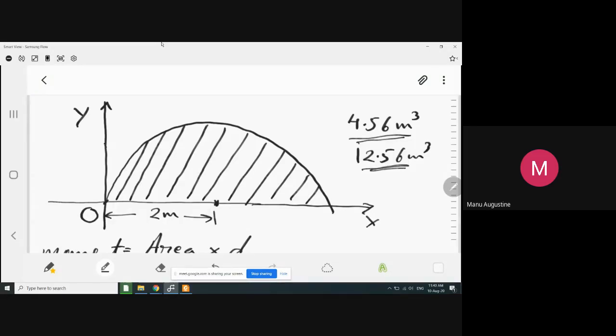This is not the centroid, please mind it. If anybody has taken this as the centroid, then you are absolutely wrong. First of all, you should know the concept of the centroid, and you know that for a semicircular area, the centroid of the semicircle lies somewhere around here. This is the centroid.